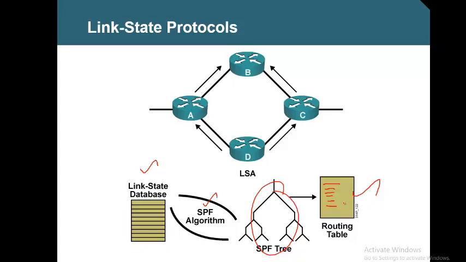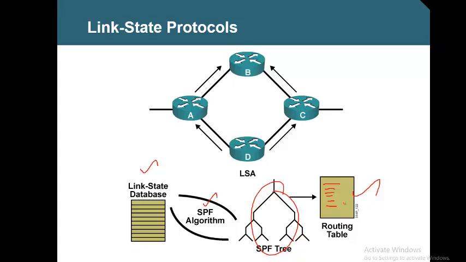When I say link and status, it talks about the bandwidth of the link, the type of the link, the network on the link, the cost, meaning the metric, on the link, what area it belongs to, which router ID this link belongs to, everything. That makes these routers learn the complete topology.